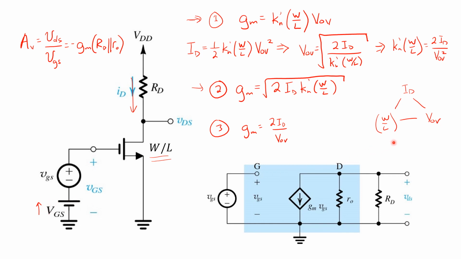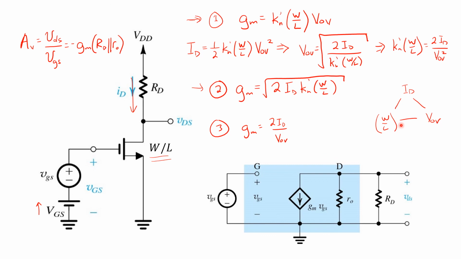Well, it's because of the third part of this triangle here. The only way you can do that is if you increase VOV, you simultaneously decrease the width over length of a transistor. So this implies that you're actually using a different transistor at that point, or that as the designer, you are changing the size of the transistor while you're designing it.